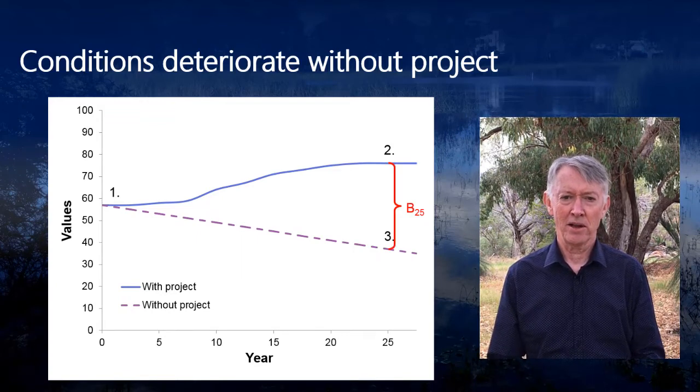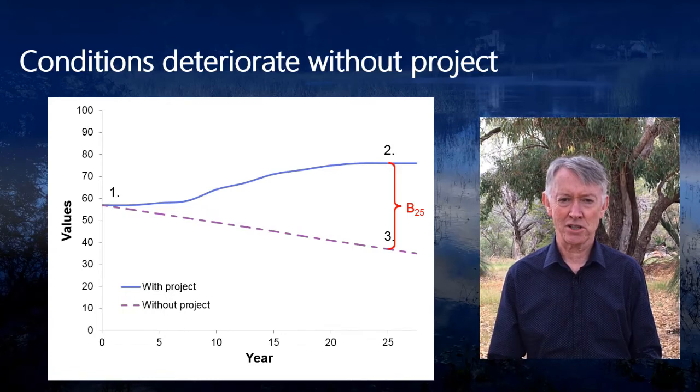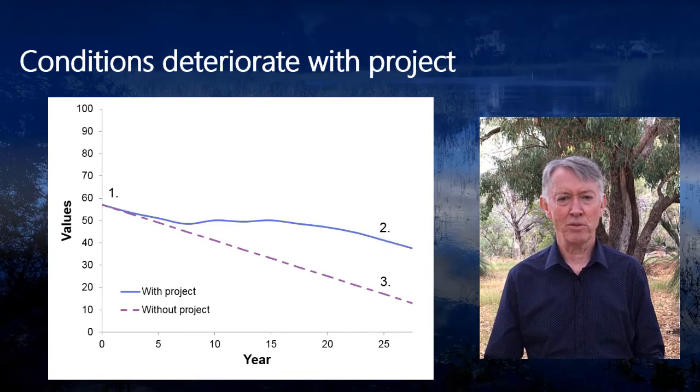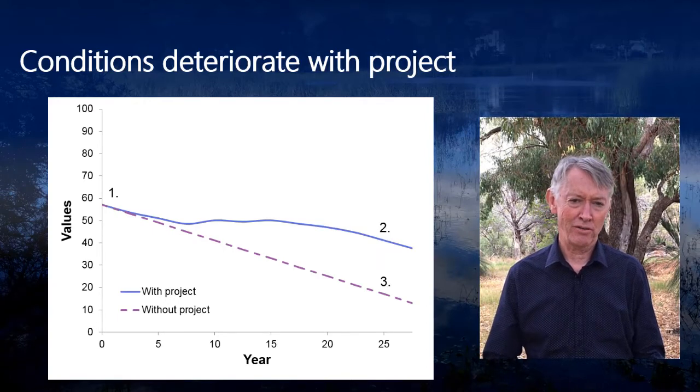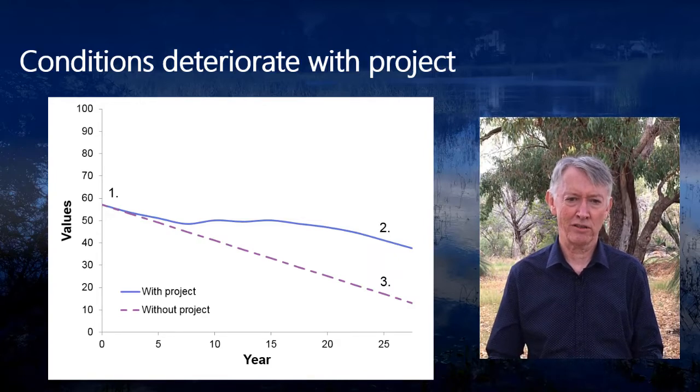This time, the difference between 2 and 3 at year 25, the benefit at year 25, is somewhat larger than it would have been if we'd only compared it to how the conditions were before the project was implemented, because without the project, things would have got worse. If things are deteriorating rapidly enough without the project, it's even possible for a project to have benefits, even if it doesn't actually result in an absolute increase in the quality of the conditions.